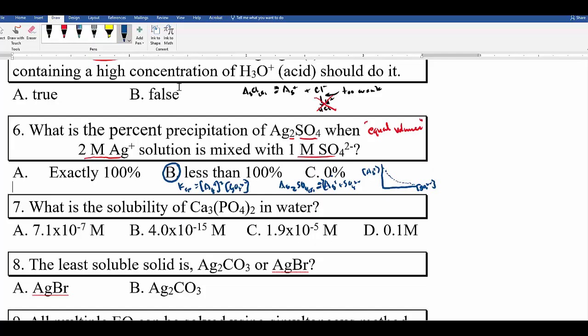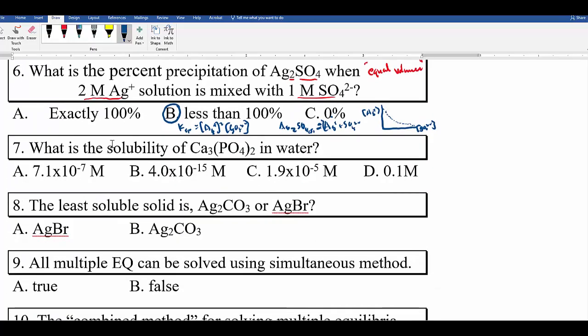7. What is the solubility of calcium phosphate in water? Okay, this is just a standard ICE calculation. So if we do calcium phosphate, maybe I should do this on scratch. Running out of room here, but I'll just fit it in here anyway.